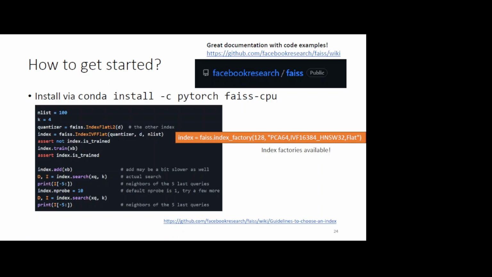Alright, so if you want to use this method, the best way I recommend is to use the Facebook Faiss library. It's very easy to build this structure. Our assistant will show you how to use Faiss or Weaviate to build it.